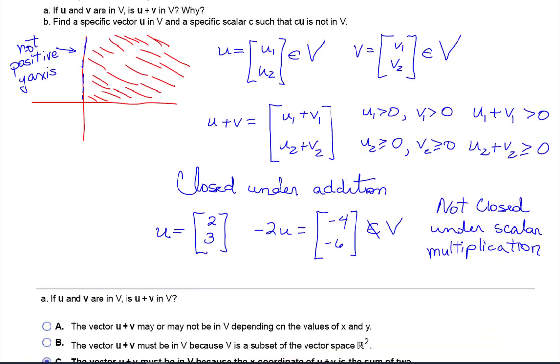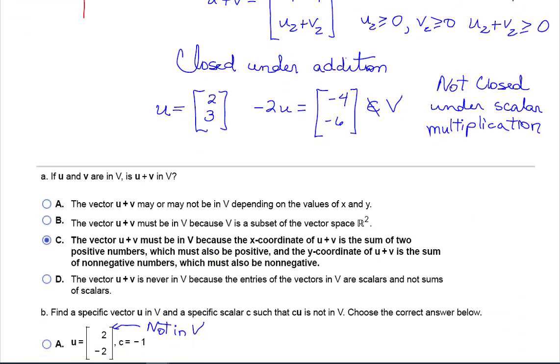Alright, well, what about scalar multiplication? Let's see. If I take U, which looks like 2, 3, and multiply it by minus 2. Remember, closed under scalar multiplication means I can pick any particular scalar that's a real number: positive, negative, 0.